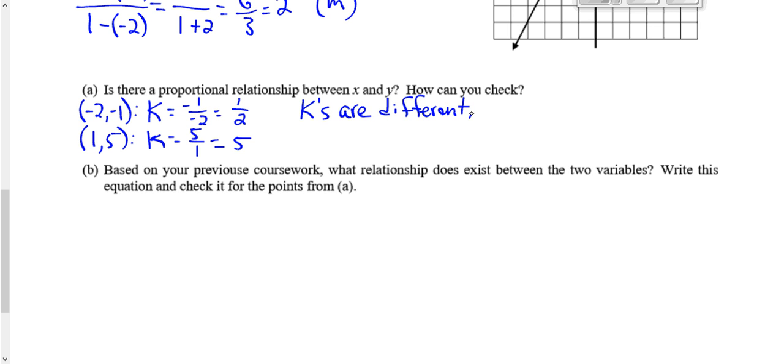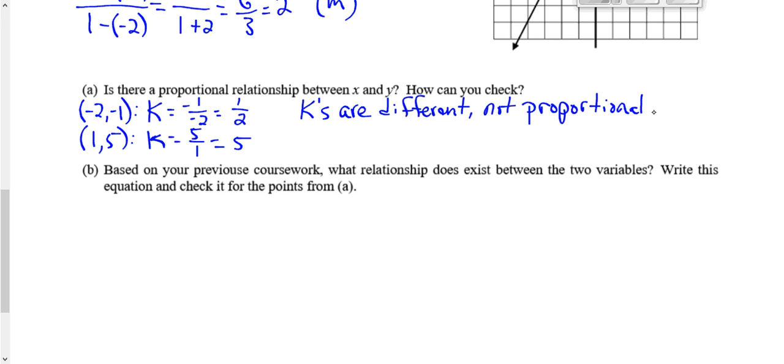So are they proportional? Not proportional. Remember, proportional means same ratio, equal ratios. 1/2 and 5 over 1 are not equal ratios, right? 1 to 2 and 5 to 1.